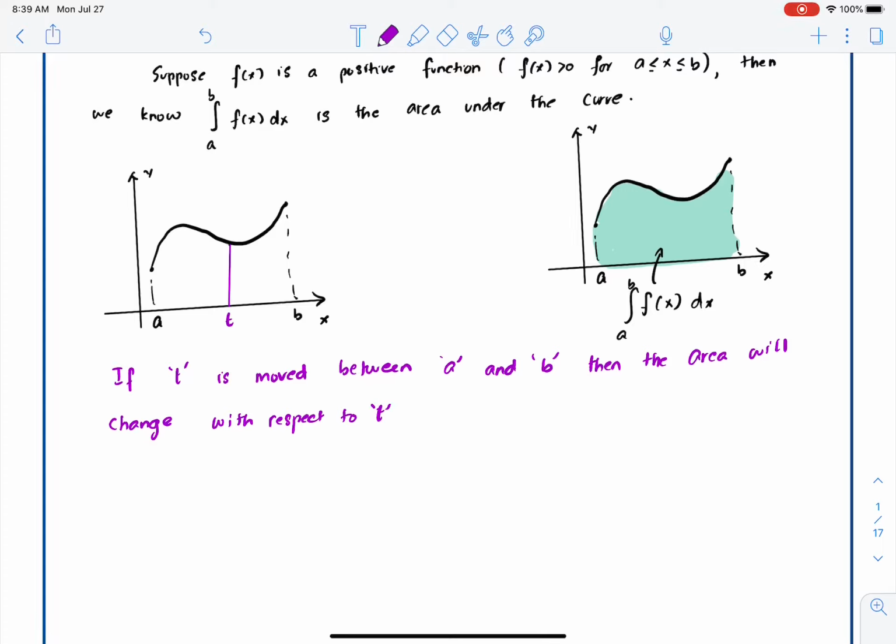Now that is a given, it should be obvious, and I'll draw a couple of images to demonstrate this.